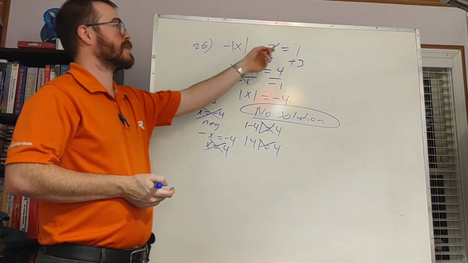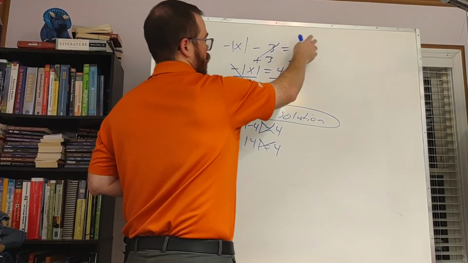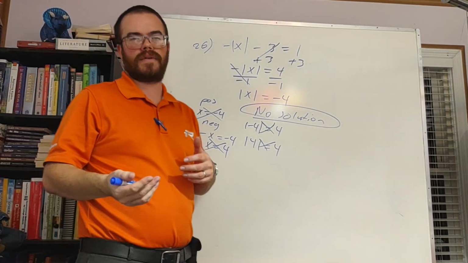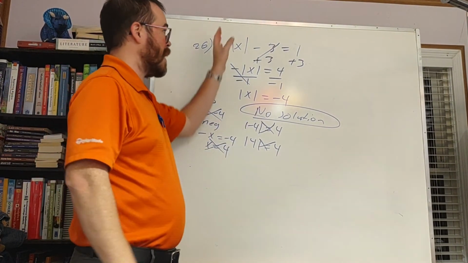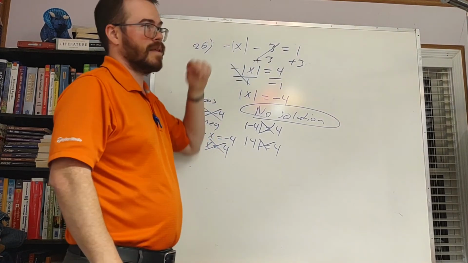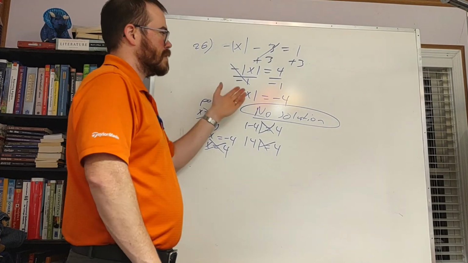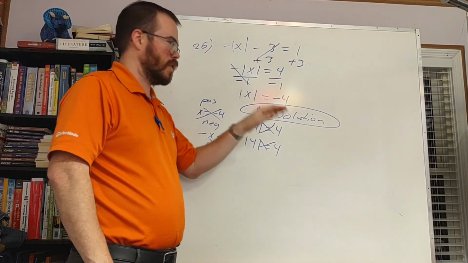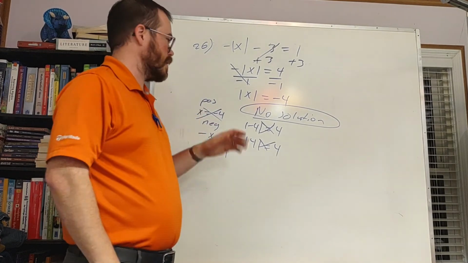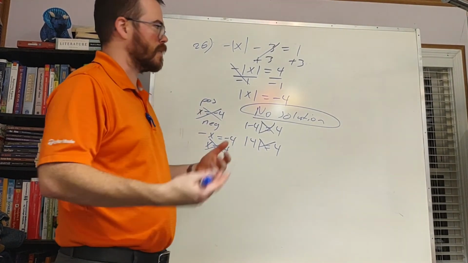So looking at this, that looked okay to begin with because we had a positive over here, but we're not really going to be able to tell whether or not it's going to have a negative over here until we've isolated the absolute value. You've got to get it by itself first. Once you've done that, then you probably can tell, so you really wouldn't have to have done this part. But if you didn't see it, then that's going to be over here, okay? So we can catch it still.